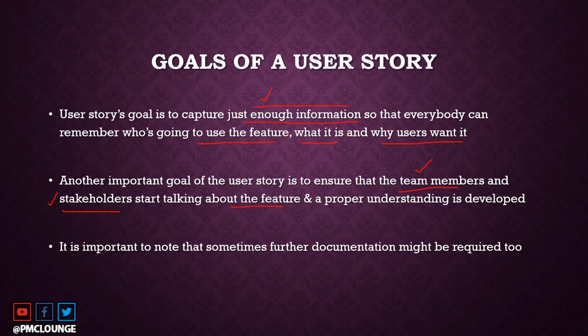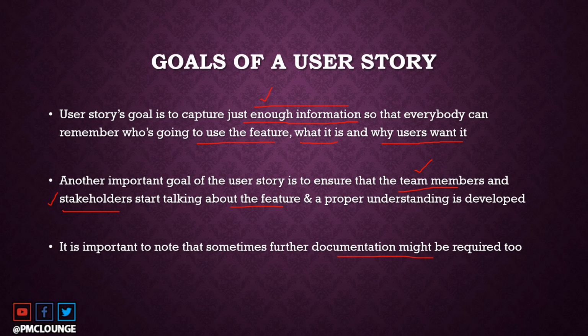Note that, like I said in the previous slide, it is important to have further documentation as well, and sometimes further documentation is required. So whenever it is required, there will be further documentation of a user story, and it is not something which is 2 or 3 lines written on an index card. If the Scrum team feels like this user story requires more documentation, more details, then that's how the team is going to come up with more documentation and more details about that user story.